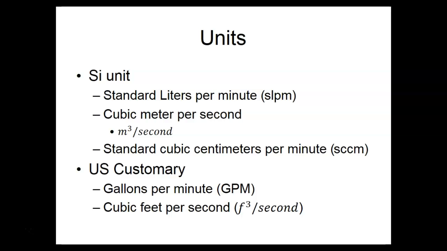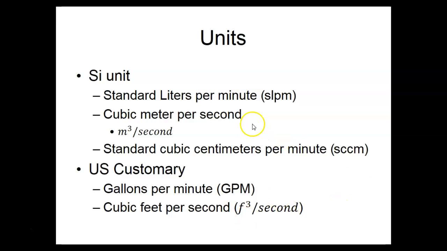So, units of measuring flow. Of course, we have the International Standard Unit, which is liters, and flow is measured in volume. To calculate the volume, it's going to be meters cubed when you measure it out, because you have to have length, height, and width to calculate volume.